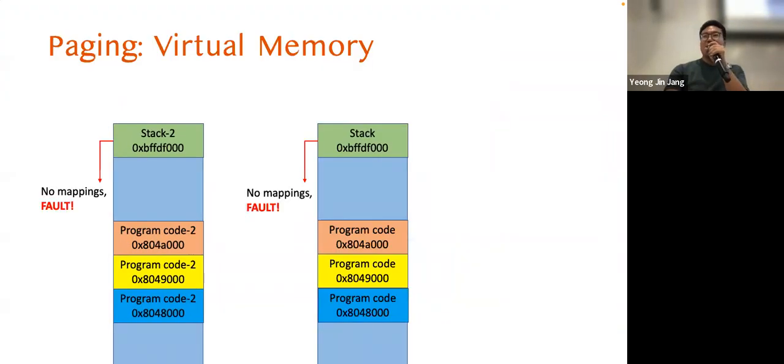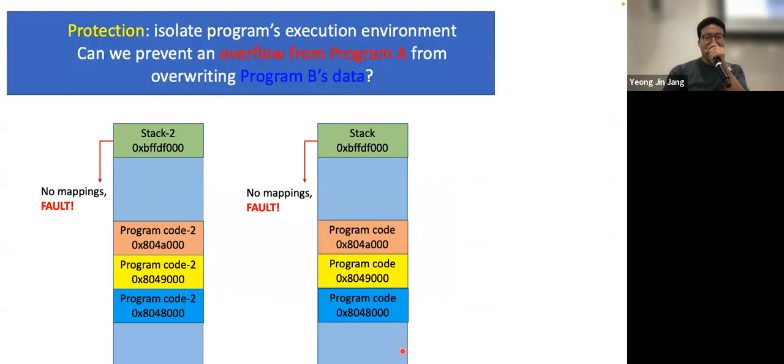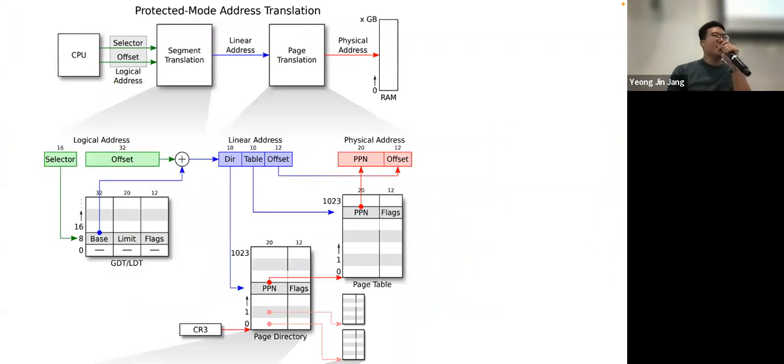Right. If there are no more questions, then let me finish the lecture here, and please take a look at this diagram. This diagram is very important. Whenever the CPU gets an address, it will get the segment selector and offset. Then it will translate the address using the global descriptor table.